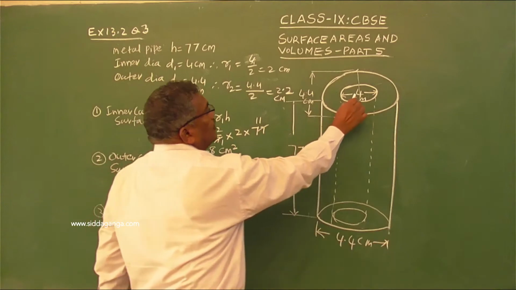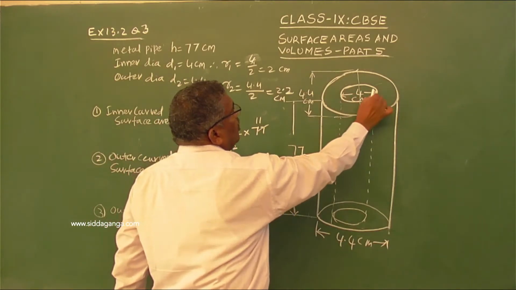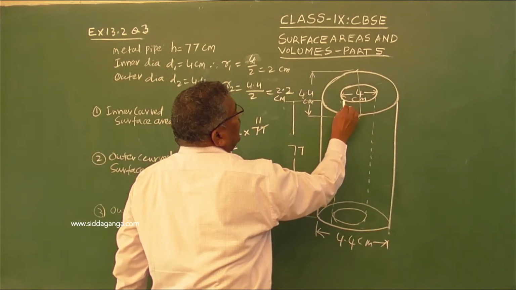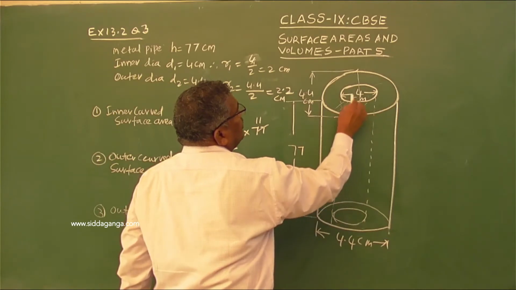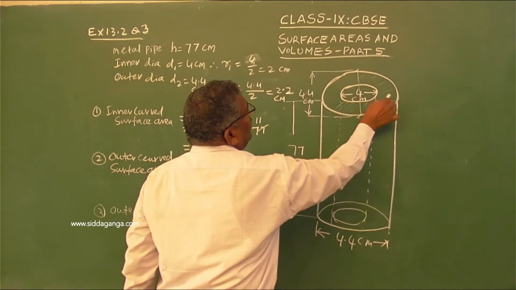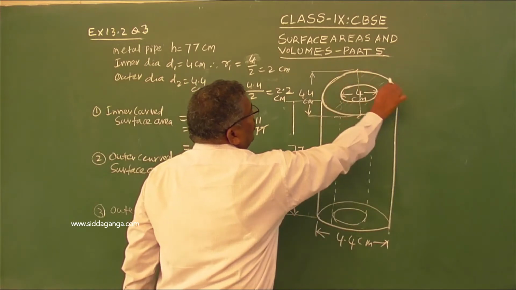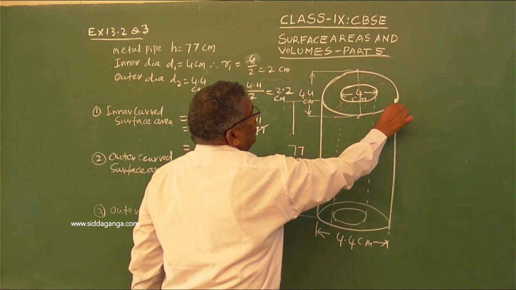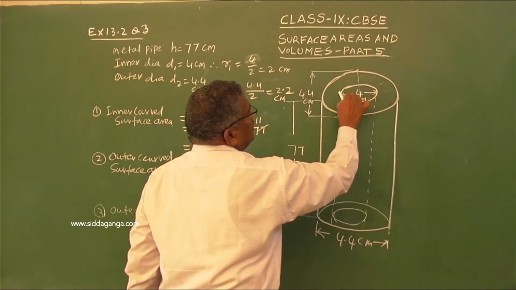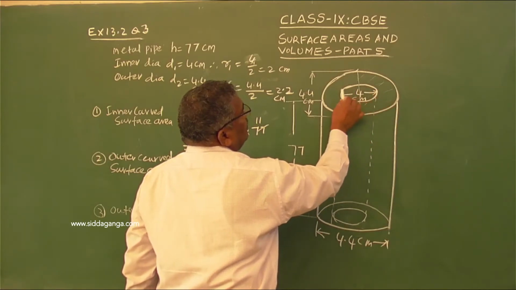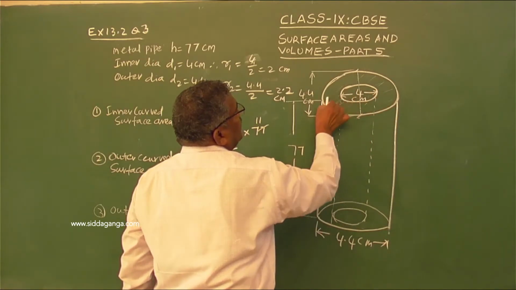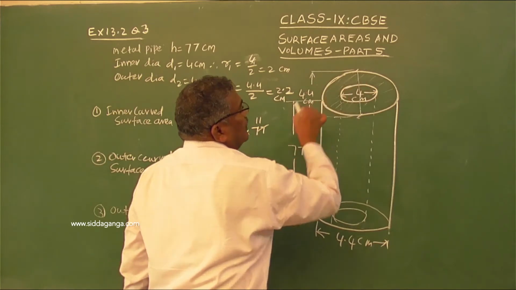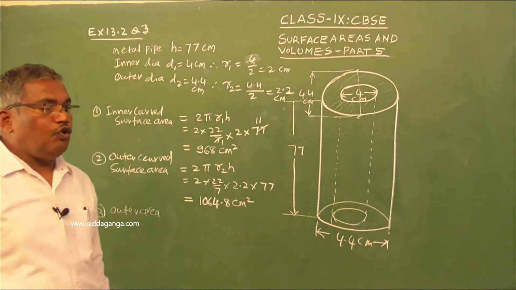See here, this is hollow, the central portion is hollow. We have to calculate this hatched area. This is the area available. So therefore we have to take the outer total area minus the inner area. Then we will get this hatched area. So for this hatched area we have to calculate for both.